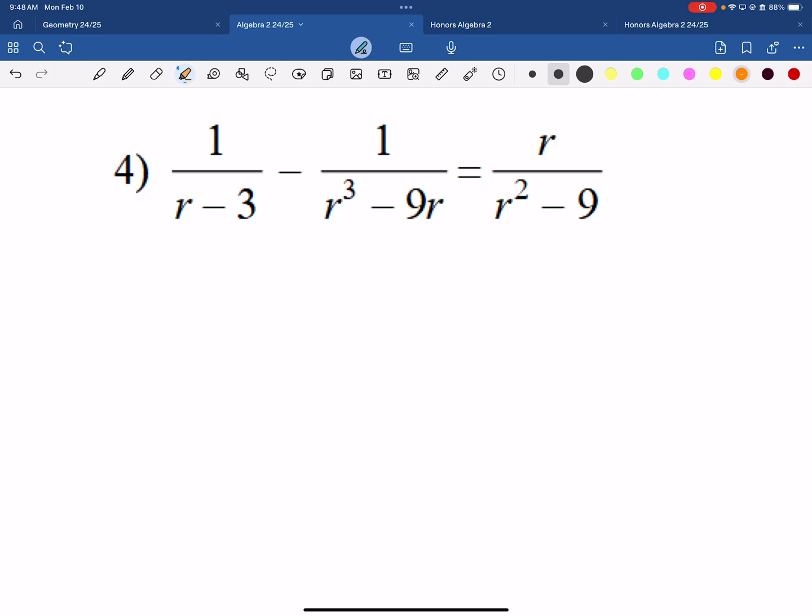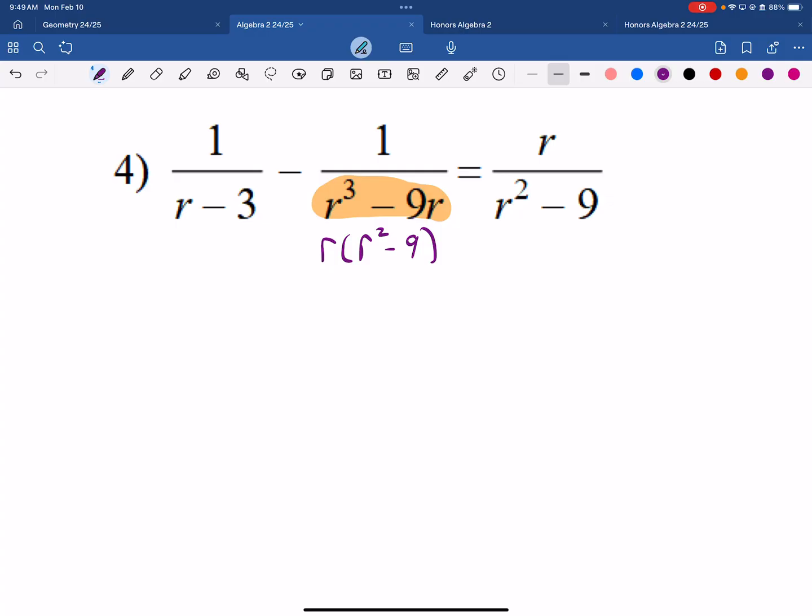So factor first. We've got 1 over r minus 3. That one's done. We've got r cubed minus 9r. I can take an r out of there. Then that leaves me with r squared minus 9.